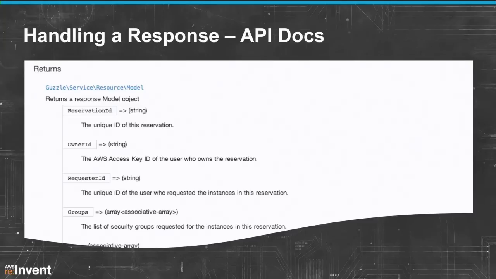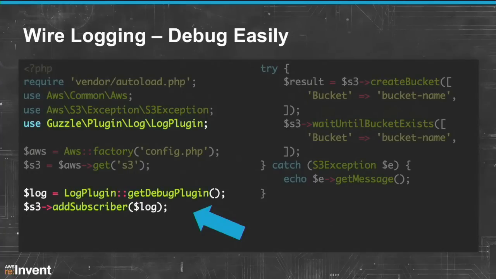Another tool that we have when you're working with requests is the wire logger, which allows you to easily debug any request. This code sample is the original create bucket code sample I showed you at the beginning, but I added a few lines of code here to add the log plugin.